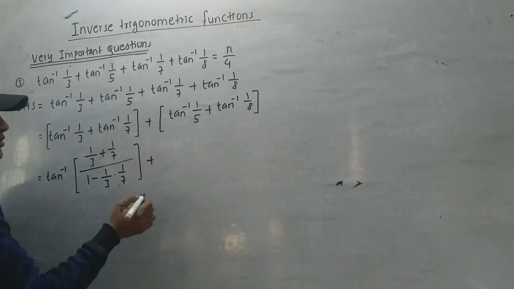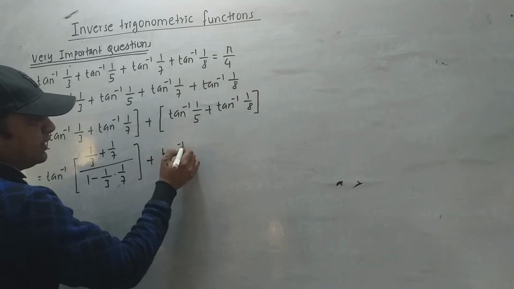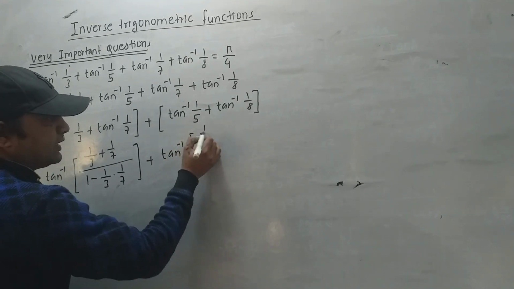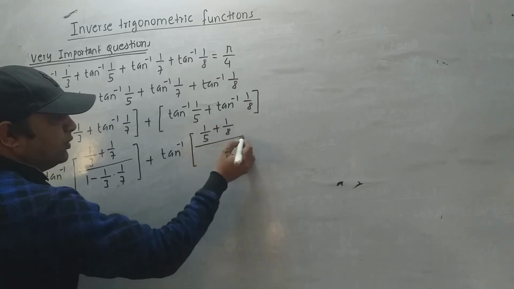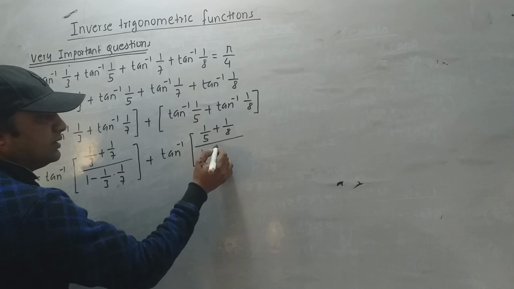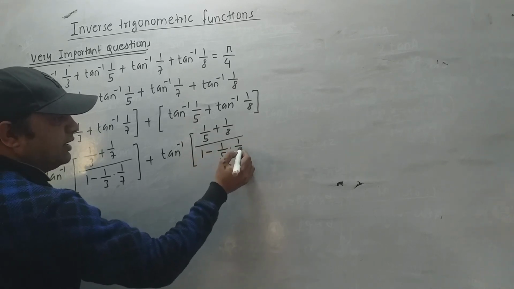Again use the same concept: tan inverse x plus y, that is 1 by 5 plus 1 by 8, whole divided by 1 minus x times y, that means 1 by 5 times 1 by 8.